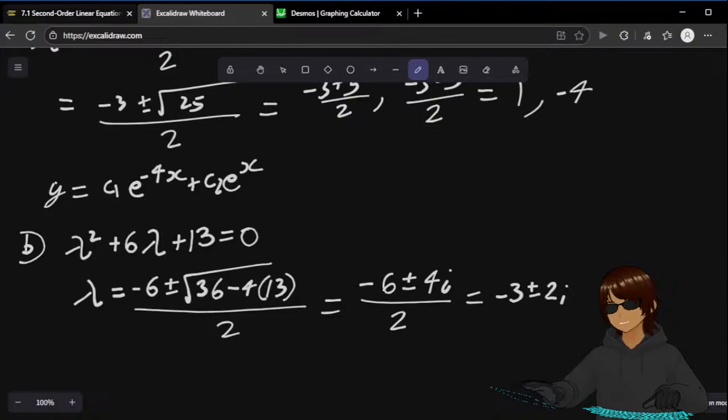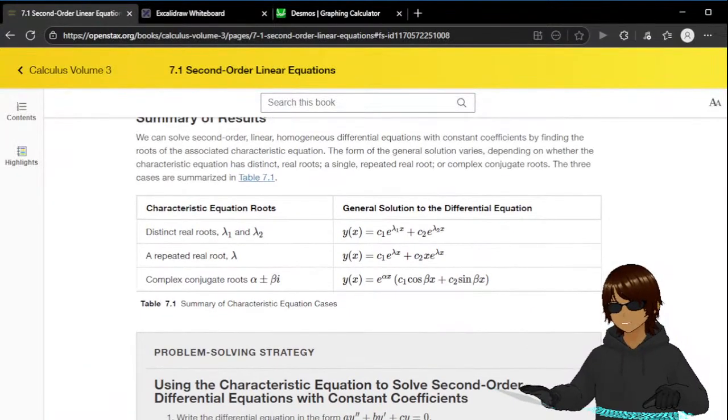Now we have a complex conjugate situation. Then the equation is e to the power of alpha x.